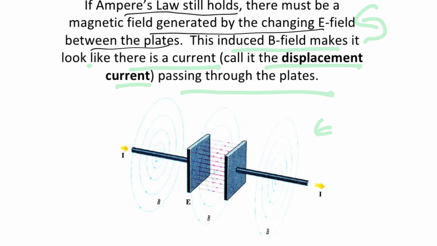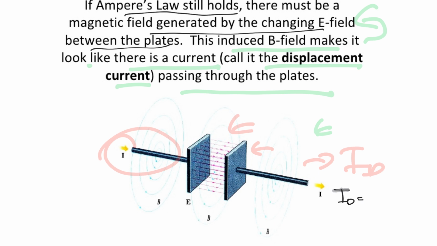So basically here is going to be the area for the conduction current, but the conduction current cannot flow between the plates, and the one that is leaving the plate is going to be the displacement current. Which means that the formula for displacement current is I_d = epsilon naught dΦ_E/dt.